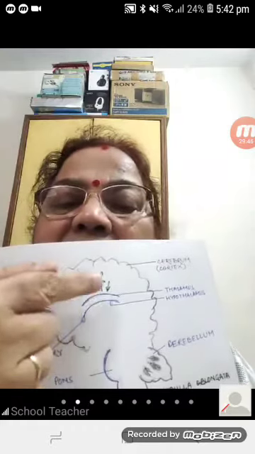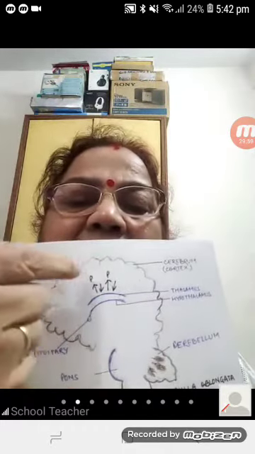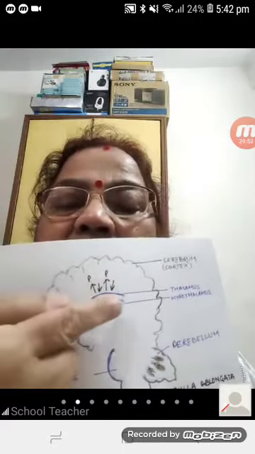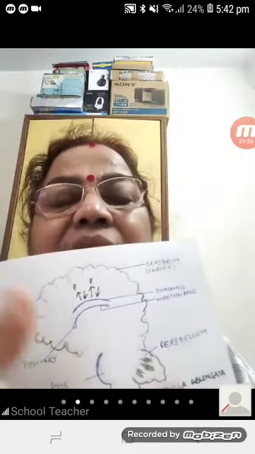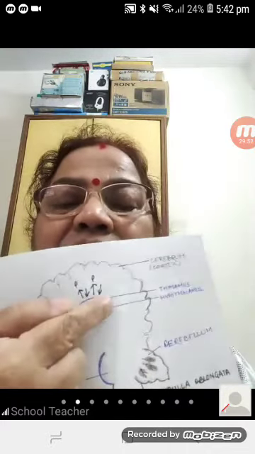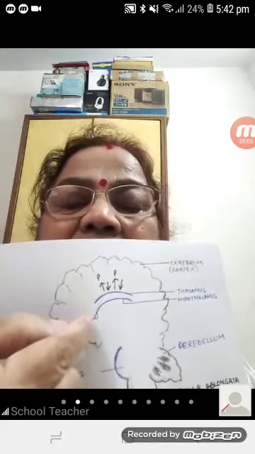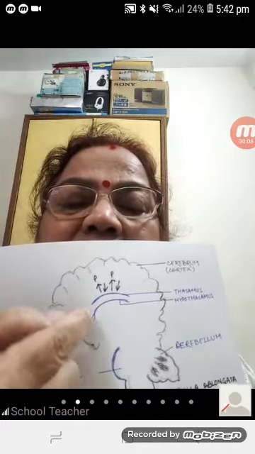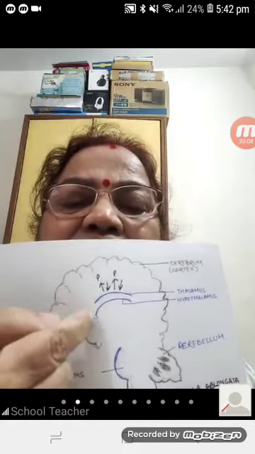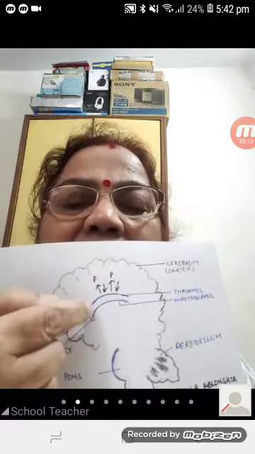Okay? And it sends it to the higher center. Pain and pressure. Hypothalamus regulates the temperature. It is a thermostat of your body. It regulates the temperature and it also regulates the master endocrine gland, pituitary, which is attached to hypothalamus with the help of a small stalk.